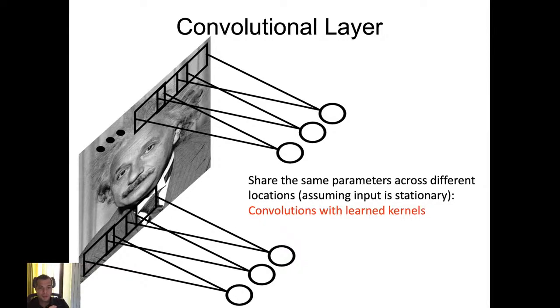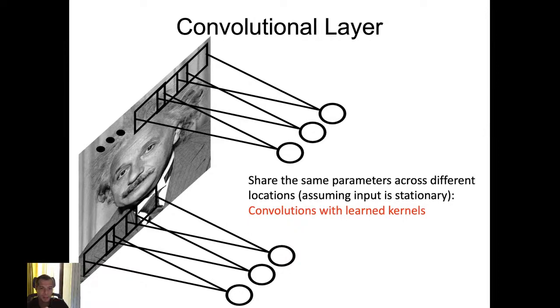Each time we apply this layer in a different location, we always use the same weights. We start, for example, from this corner, and we apply the unit in every location to try to extract some meaningful patterns from the image, but we always use the same parameters.